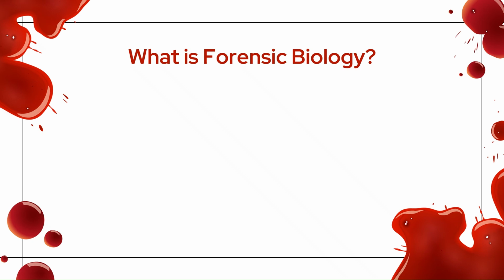What is forensic biology? Whenever we come across a new scientific term, it's always helpful to break it into smaller parts. The term forensic biology consists of two words: forensics and biology. The word forensics is derived from the Latin word forensis, which simply means before the forum. In ancient Rome, the forum was a public place where legal matters and disputes were discussed.